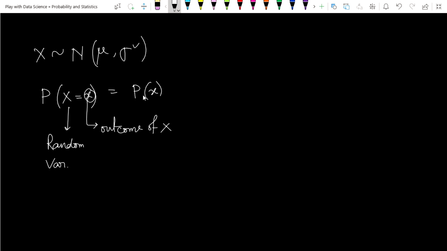In short, we write this using this notation, probability, that we have already discussed. Many authors use these notations instead of writing again and again.